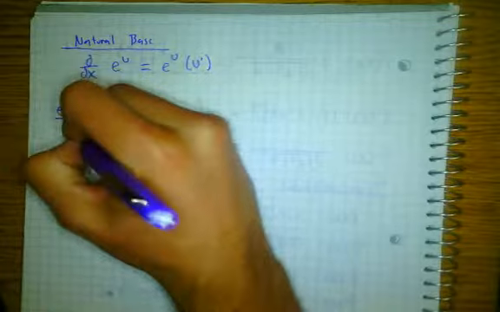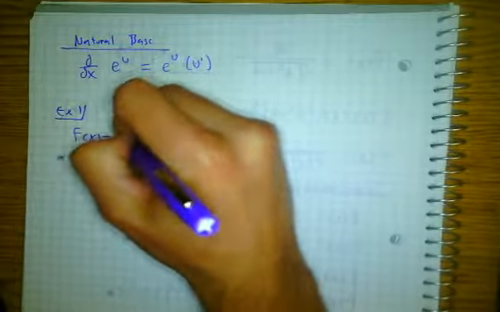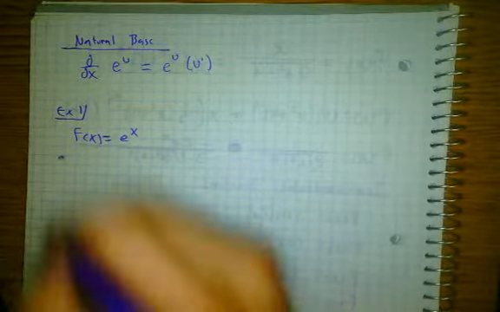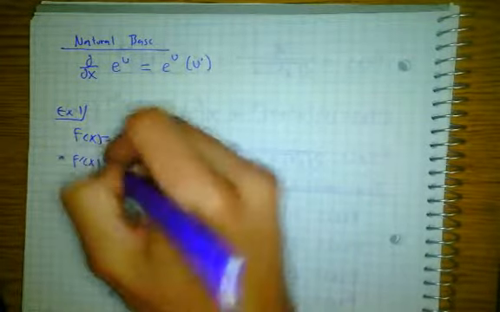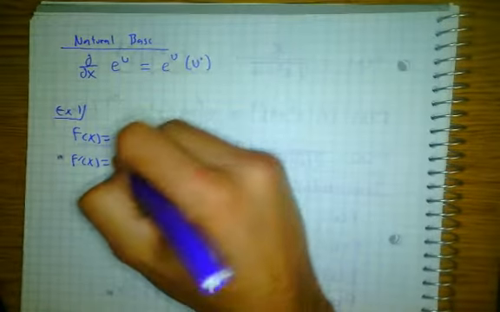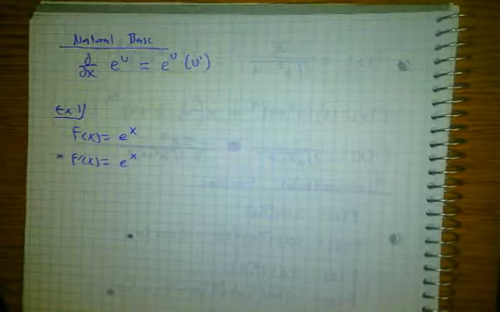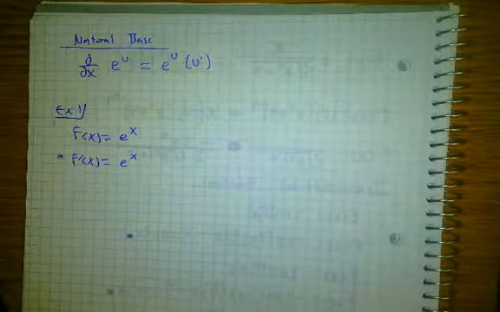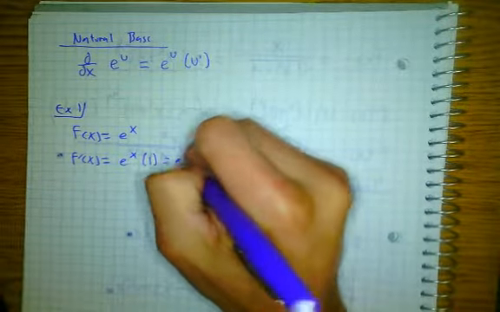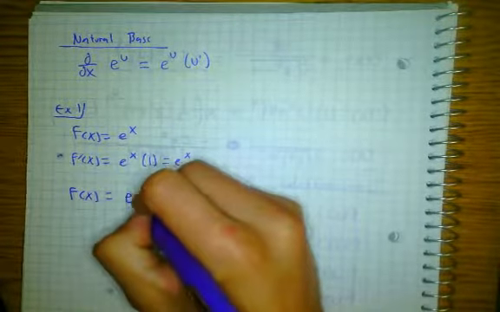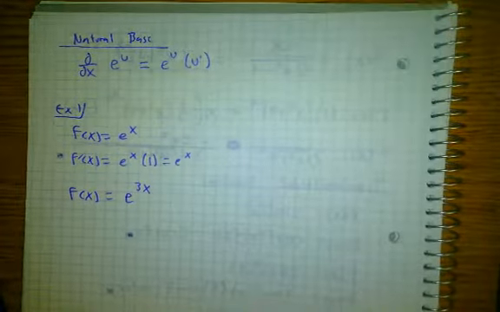So example 1. Let's say that f of x is equal to e to the x. So if you're going to do the derivative of this, it's always going to be whatever you have exactly how it is, so e to the x, times the derivative of the power, which in this case is 1. So the derivative of e to the x is itself. Cool? So times 1, so it's e to the x. Make it a little bit more complicated. So f of x is equal to e to the 3x.